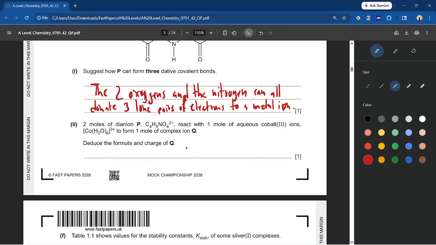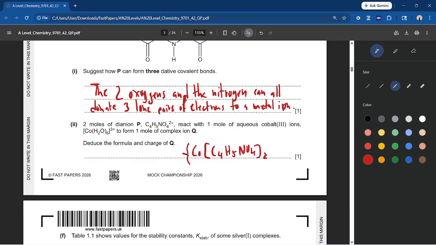You've got a 2:1 ratio, so this will be cobalt, and then you give your bracket, so 1 mole of cobalt, and then, let me use a different bracket just so you guys will understand. So cobalt, bracket, C4H5NO4.